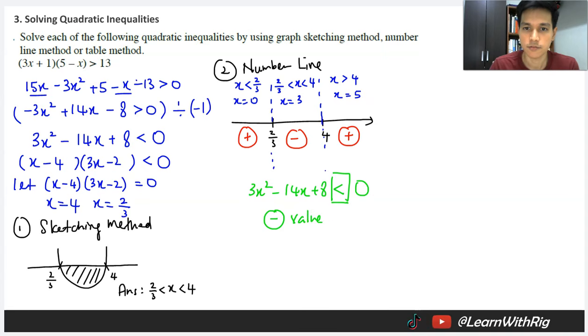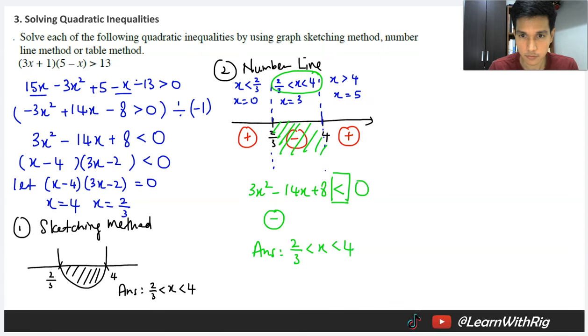So you're going to take the negative part. So in this case, it's going to be this. So what's your answer? The answer is 2/3 less than x less than 4. So this is your answer, similar to the first part.